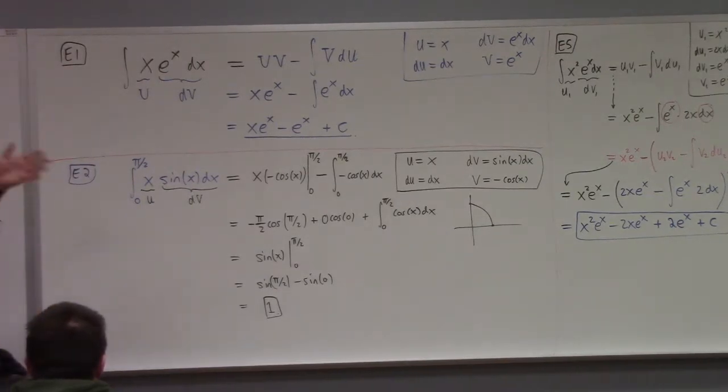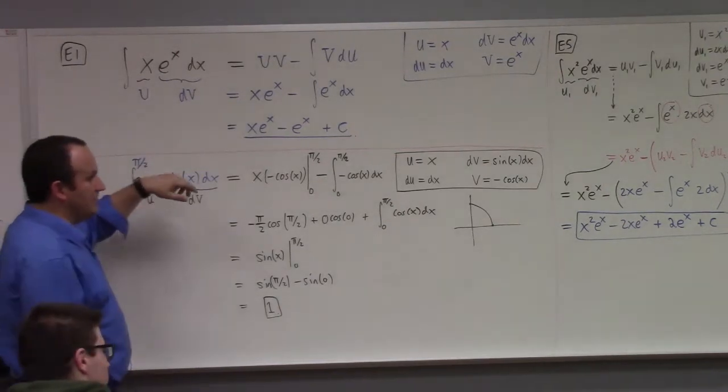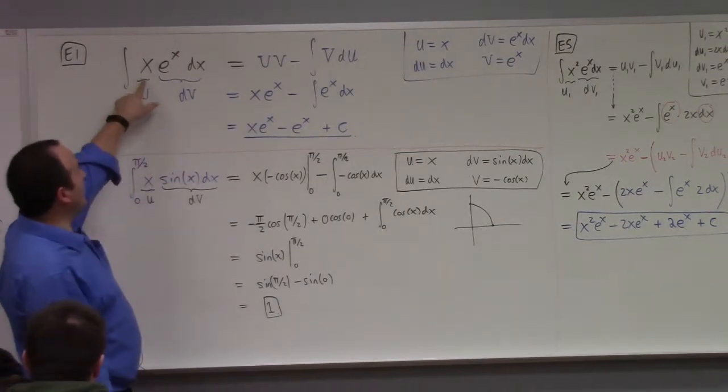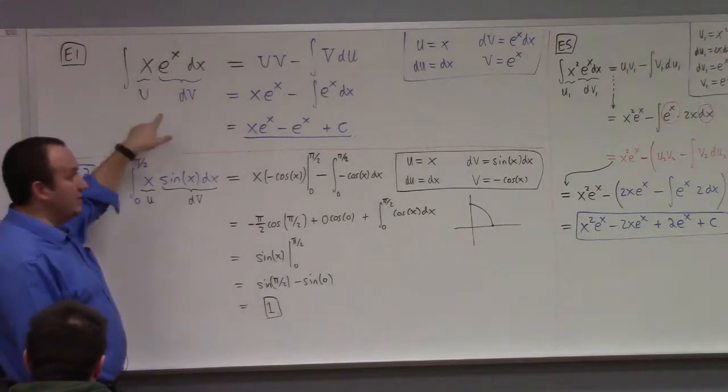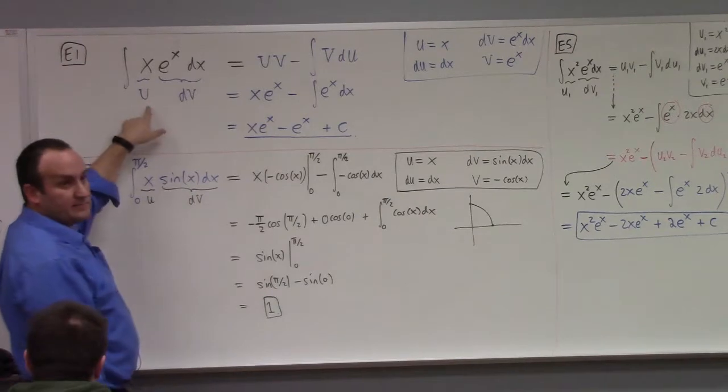So what's our choice? All right, log's out. Inverse function? Nope, no inverse function. e to the x is the inverse of log. See, this bothers me. Anyway, so there's no inverse function, quote unquote. Is there an algebraic function? Oh, x is algebraic. That's why LIATE chooses x to be u here.